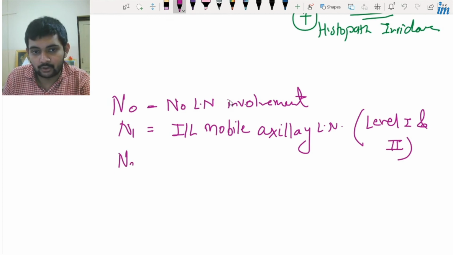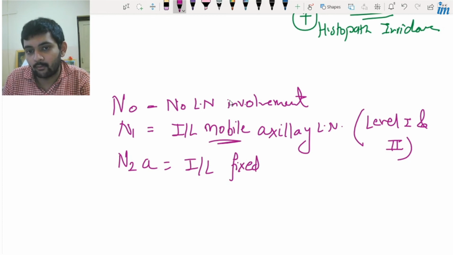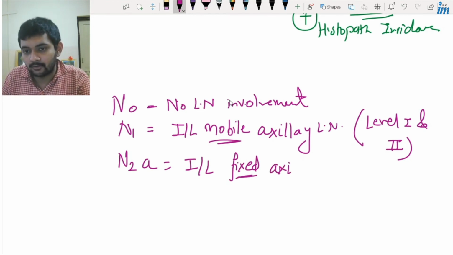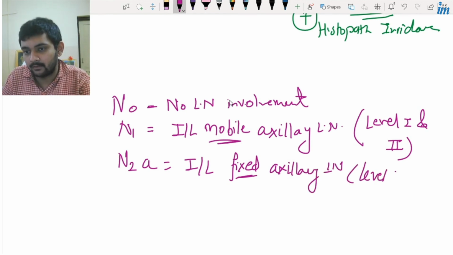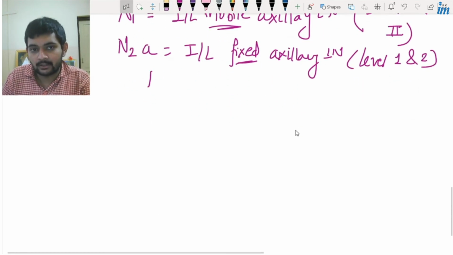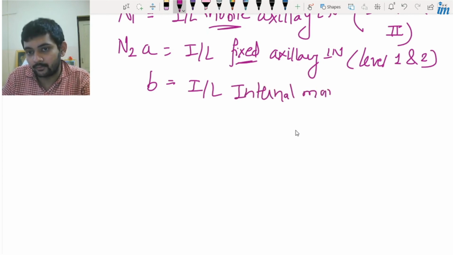Then we have N2A, which is ipsilateral but fixed axillary. Now it is not mobile, now they have become fixed, so a stage ahead, right? So ipsilateral fixed axillary lymph node of level 1 and 2, right? Level 1 and 2. N2B will be written as ipsilateral, but now it's not axillary, that will become internal mammary group of lymph nodes.